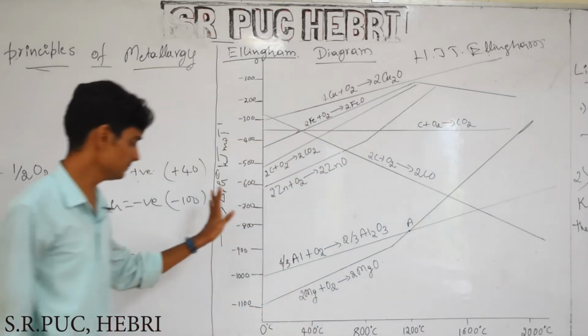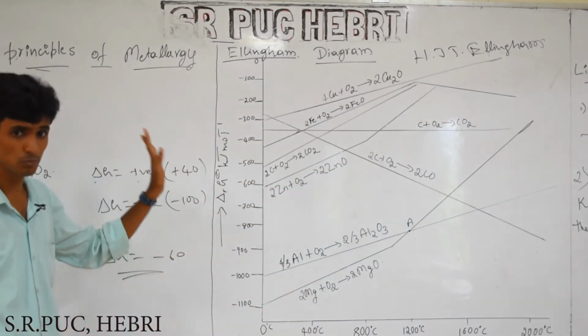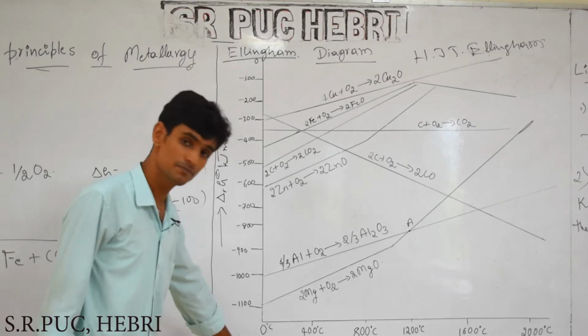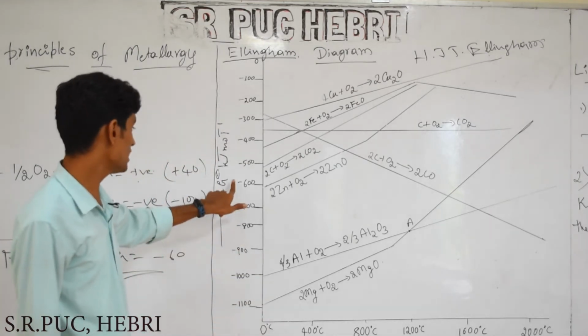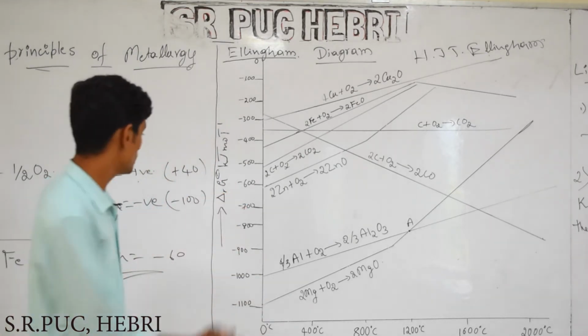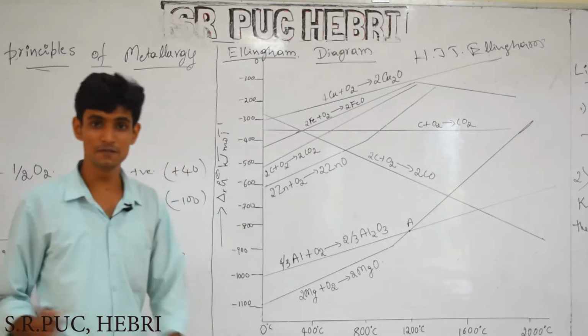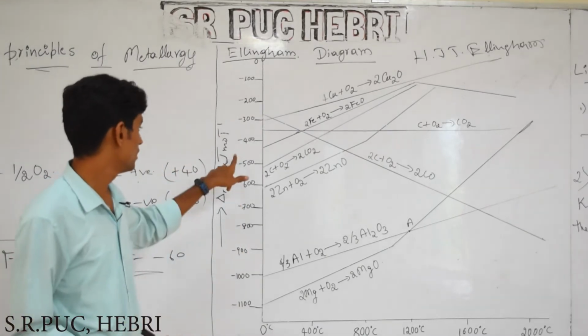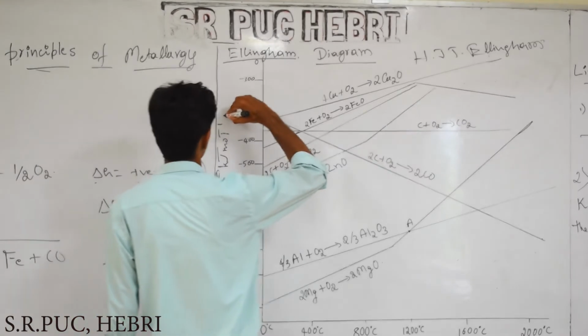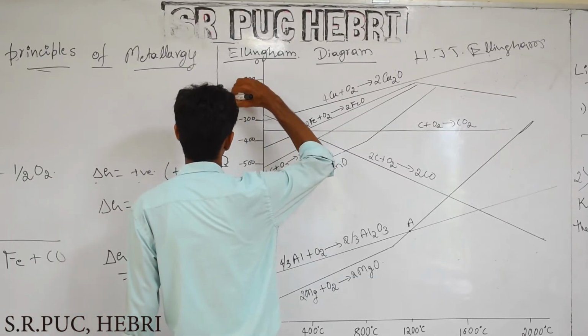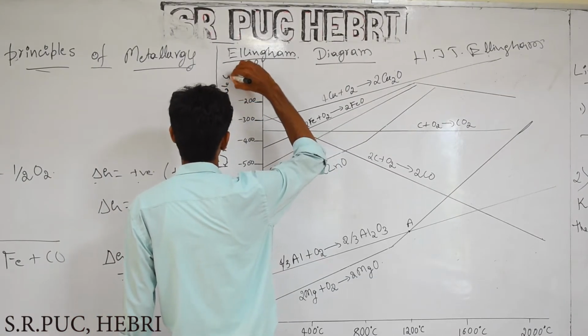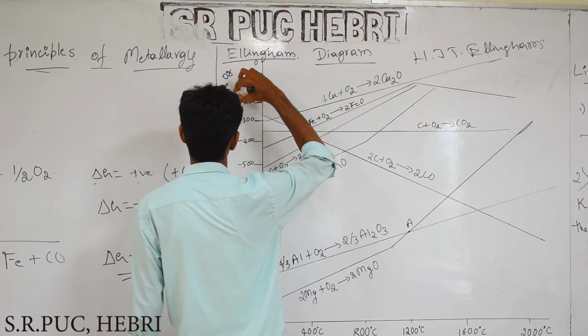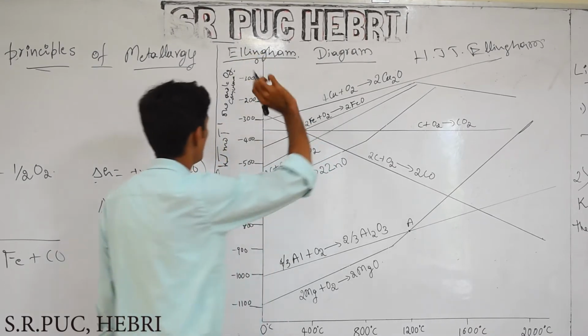This diagram is a plot of temperature versus delta G, or change in Gibbs free energy, for 1 mole of oxygen consumed for oxidation.